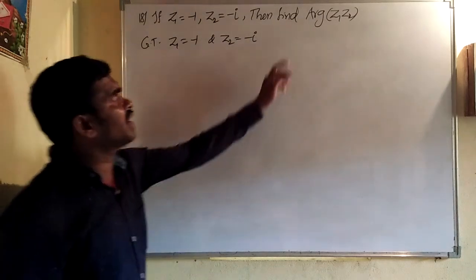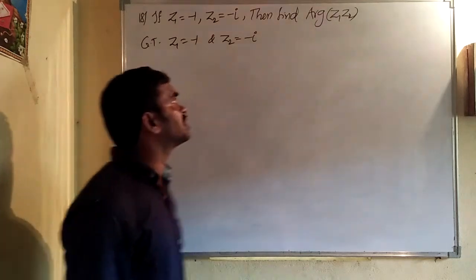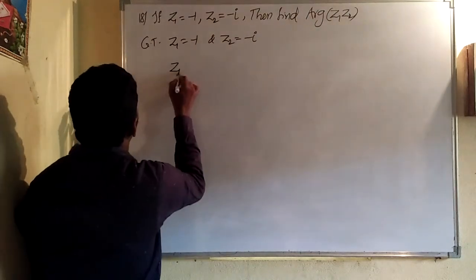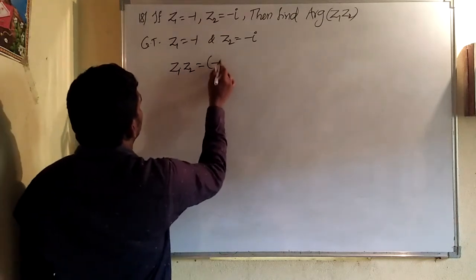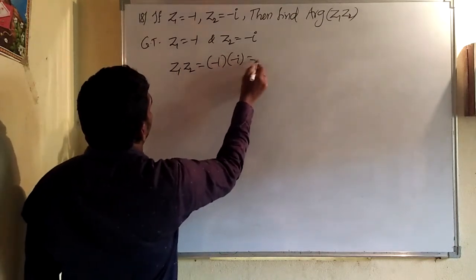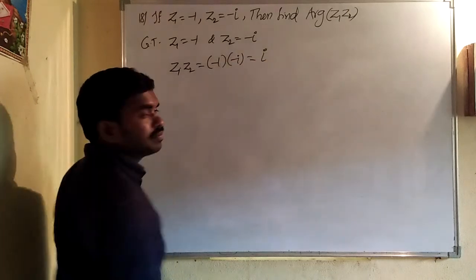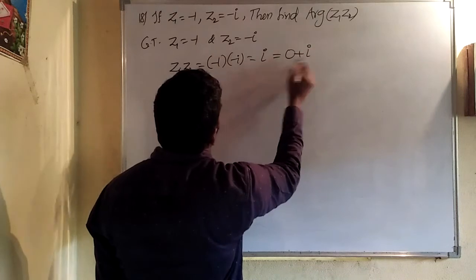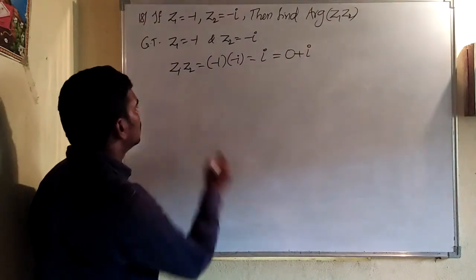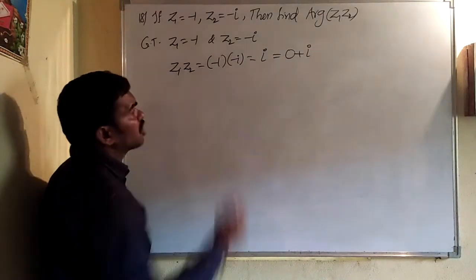What is asked? Find the argument of z1 into z2. First of all, find z1 into z2. Minus 1 into minus i: minus times minus is plus i, which is 0 plus i in complex form. So what is the argument?